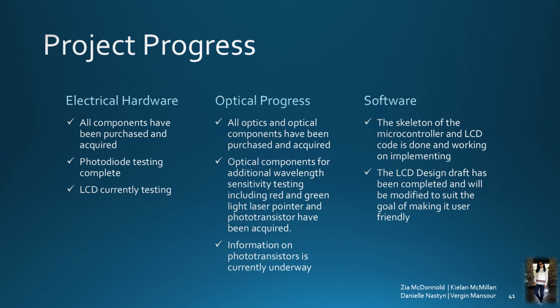Optical components for the additional wavelength sensitivity testing, including red and green light laser pointers and a phototransistor, have been acquired. Testing of the phototransistors is currently underway. For the software, the skeleton of the microcontroller and the LCD code is done and we are currently working on implementing it. The LCD design draft has been completed and will be modified to suit the goal of making it user-friendly.